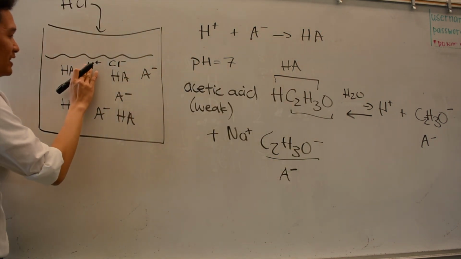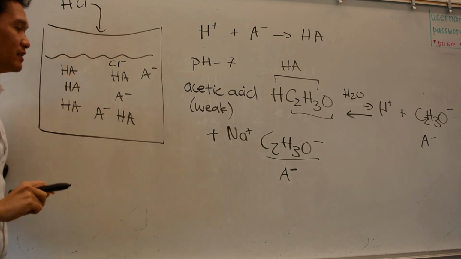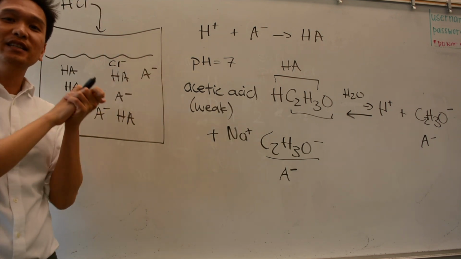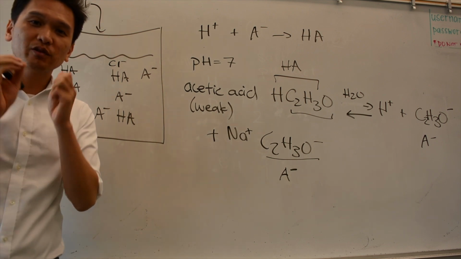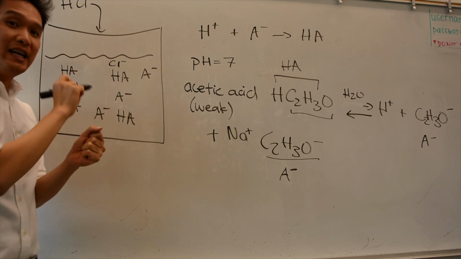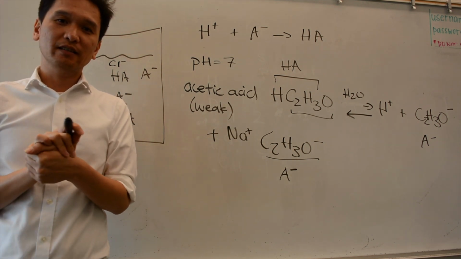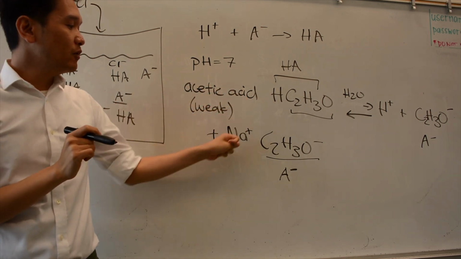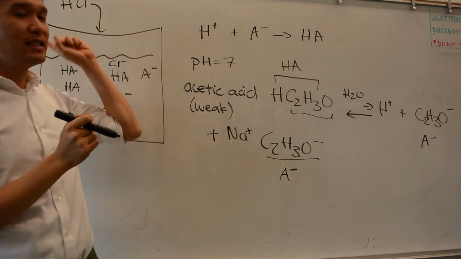So this guy gets eaten up by that A minus to form HA. Voila! Do you see why this is a good buffer? Even if you add in HCl, it will resist the change in pH. You see that there is no more or less H plus hanging around because you have this guy protecting it. So we have just established that acetic acid with sodium acetate will give you a good buffer against acid.